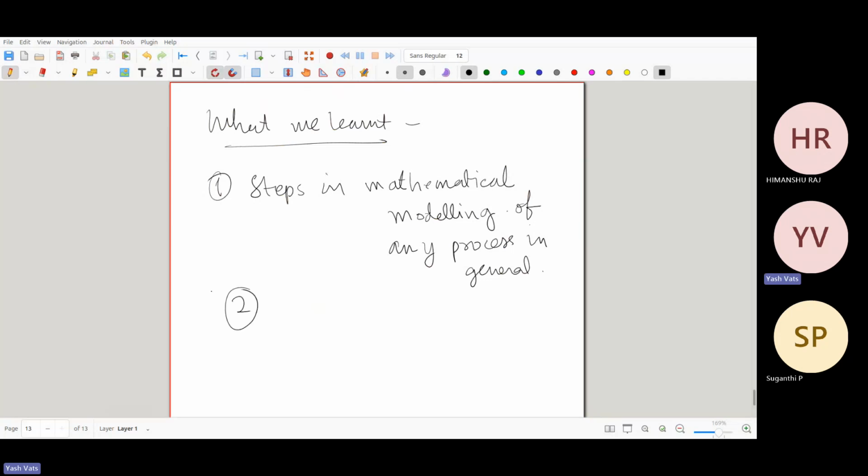Second, we learned how to model certain types of phenomena.